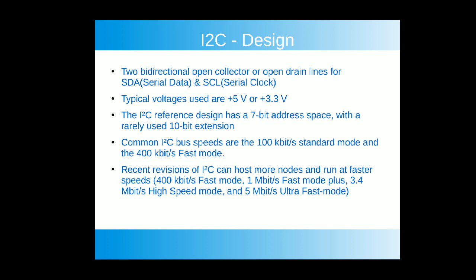I2C supports various speeds: the starting speed is 10 kilobits per second, called standard mode, then there is 400 kilobits per second, called fast mode, and it also supports 1 megabit per second, 3.4 megabits per second, and 5 megabits per second speeds.